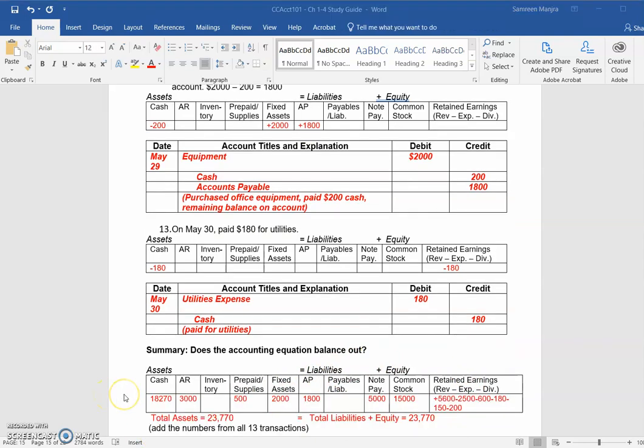So I paused the video just so I can include all of the numbers. When I added and subtracted all of the numbers, you can see the balances included in red. Then I took all of the amounts for the asset accounts and added them together because I wanted to see, does this balance out with all of the numbers for the liabilities and equity accounts? And you can see that this balances out.